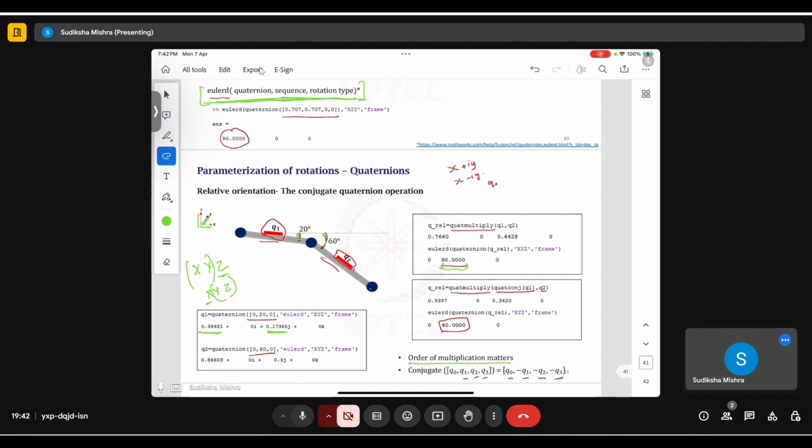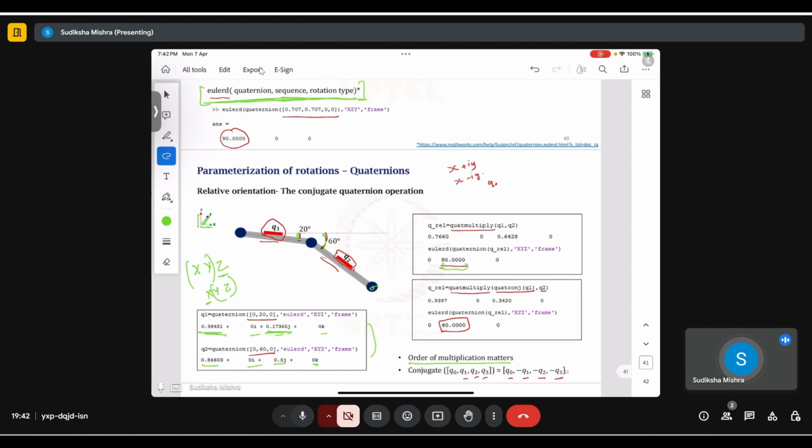The quaternion will look something like this with these two terms as 0, whereas for this point the quaternion will look something like this, with these two 0.